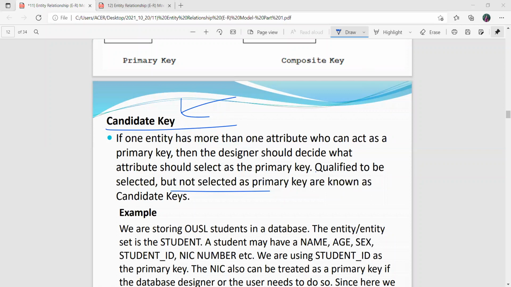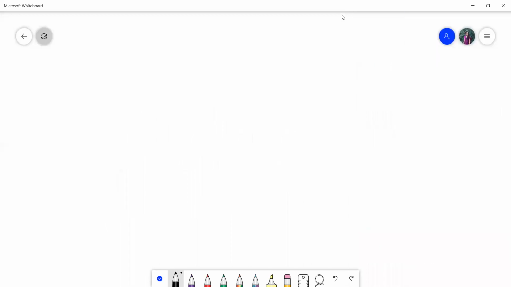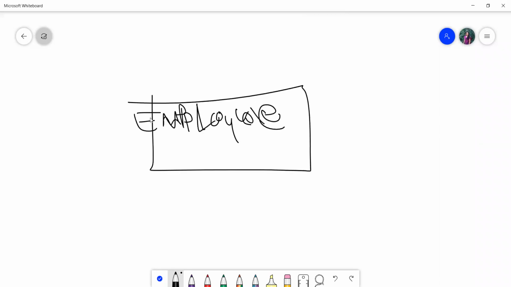Again, I'm going to take an example. You can see this is the employee entity, which should be in capital letters.